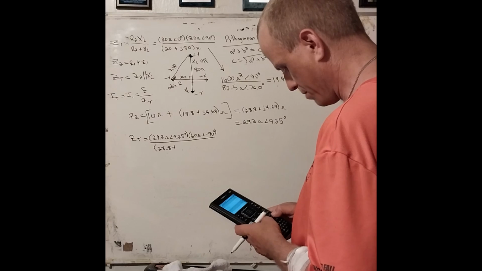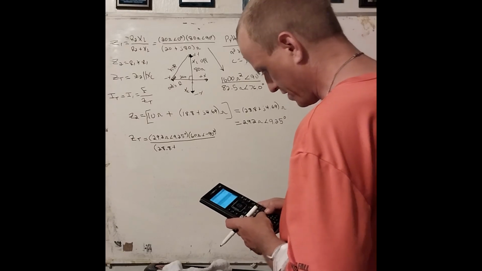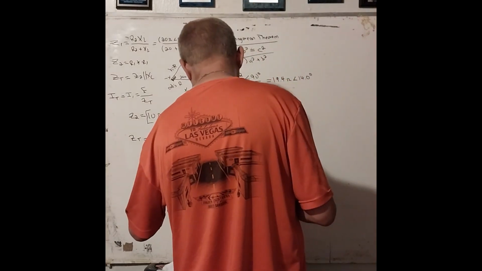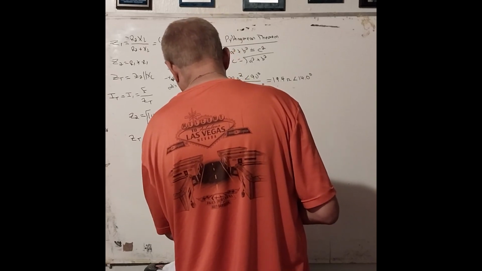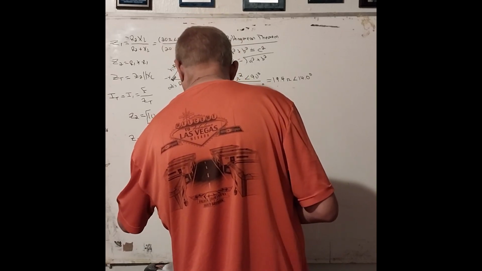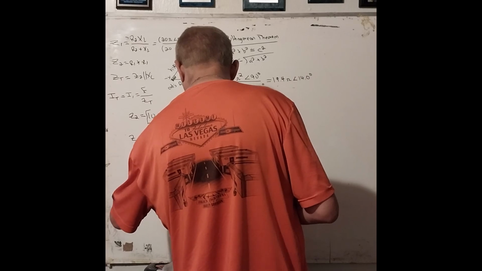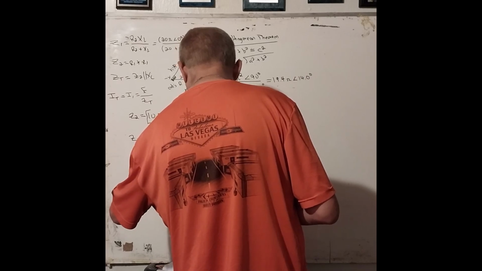So 60 minus 4.69, and that's a negative value. I said that wrong. It's actually negative 60 plus 4.69. But I did that so I can get the, see, minus J of 55.31 ohms.